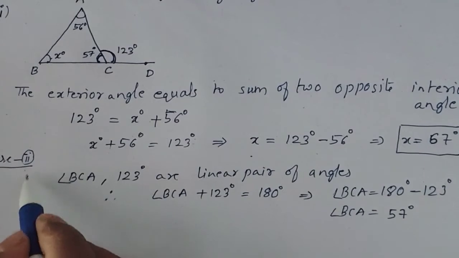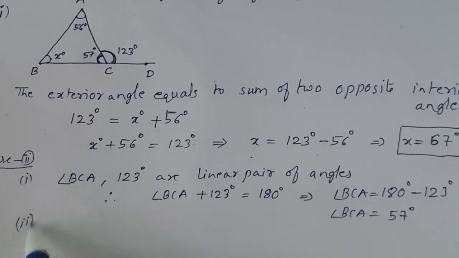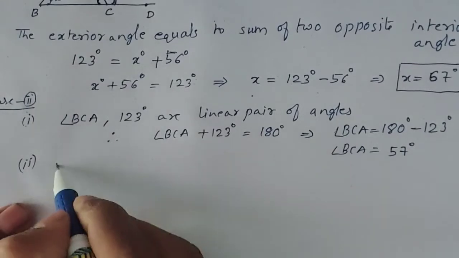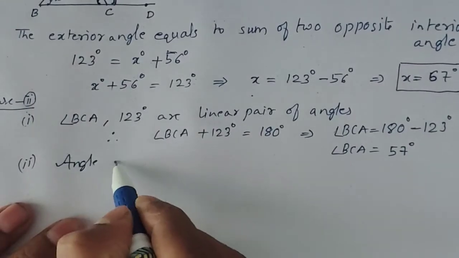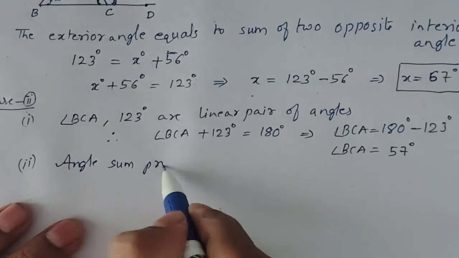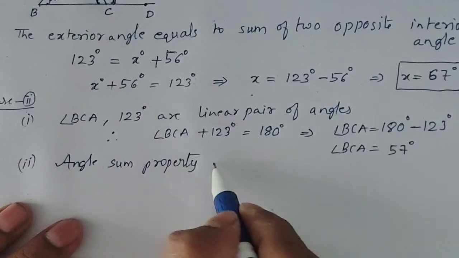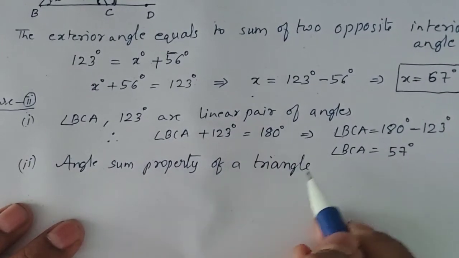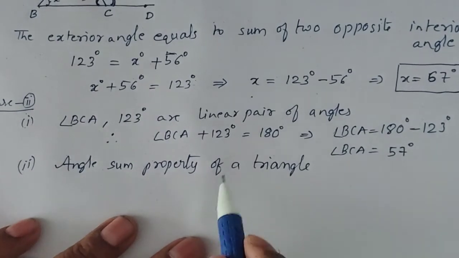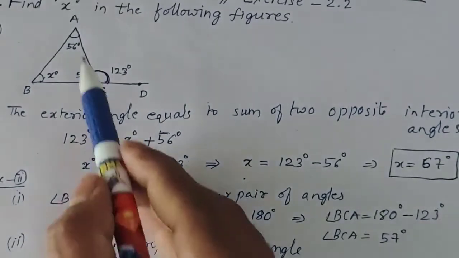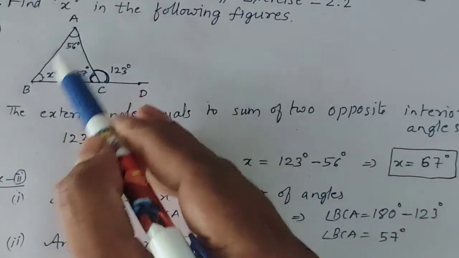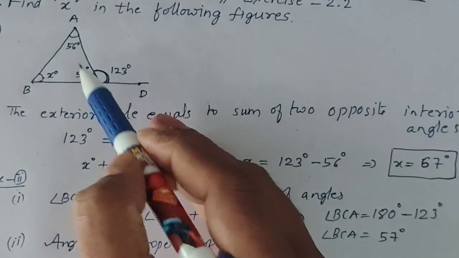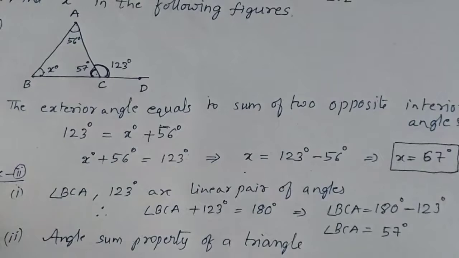Now in the second step, you know the angle sum property of a triangle. According to the angle sum property, in this triangle ABC the sum of all three angles equals 180 degrees.